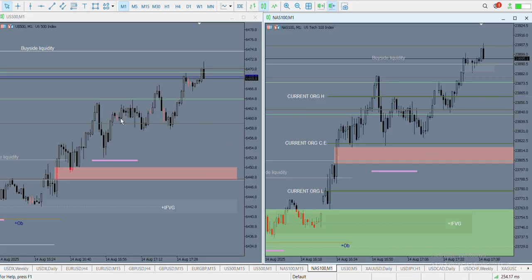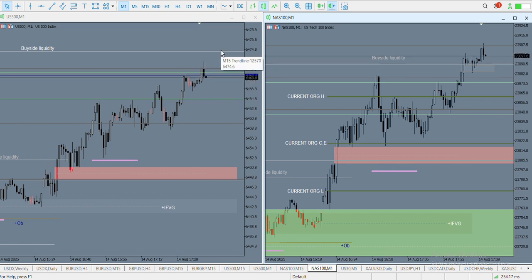So US 500, we've managed to get through today's opening range gap. So we've got into the mid gap, bit around on the upper portion of that mid gap, and then finally we've run into the upper portion of that gap.